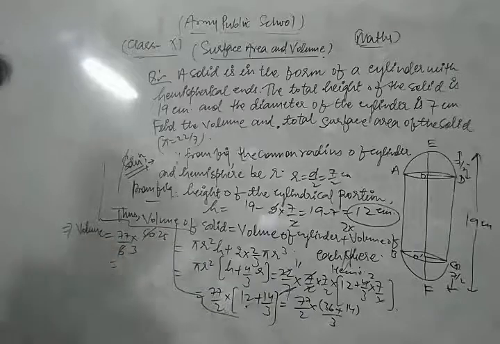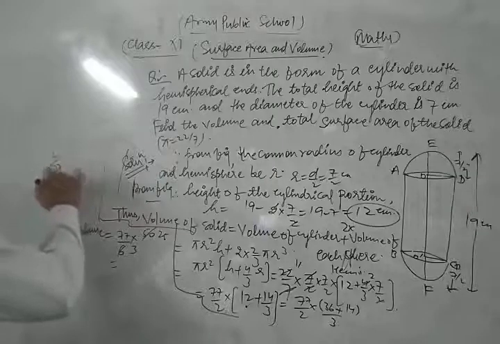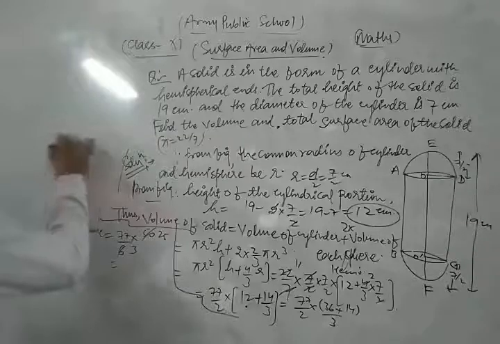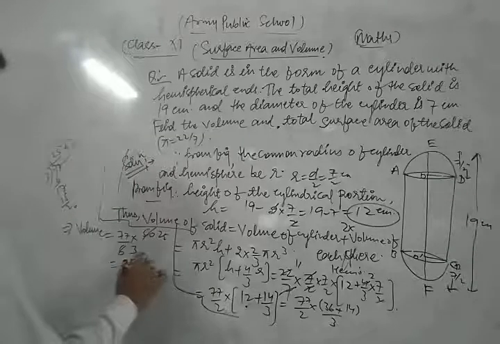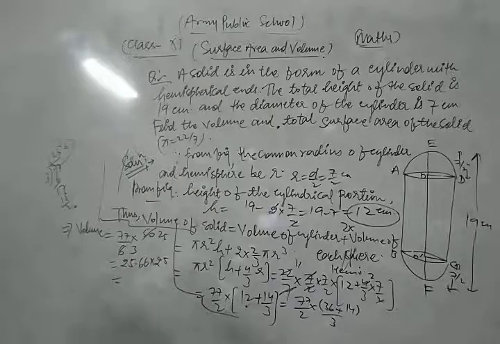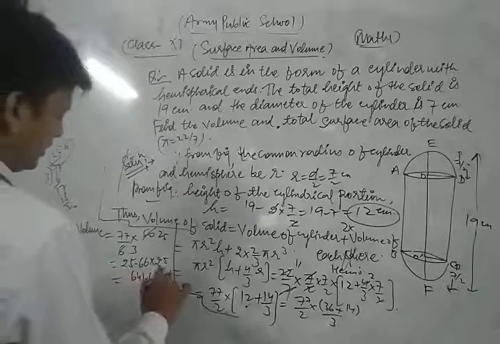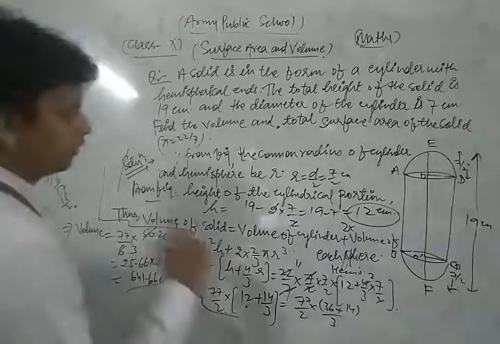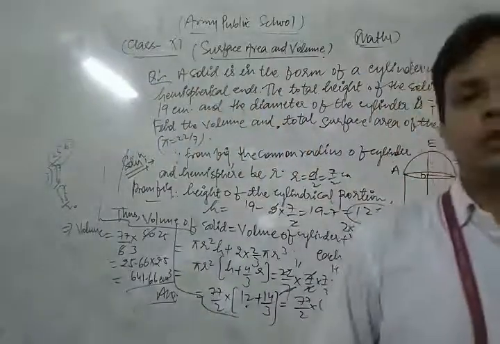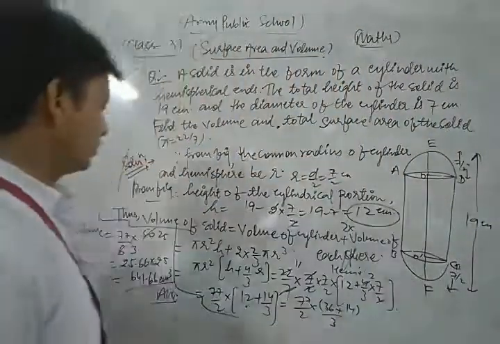So now we divide and then multiply. 77 divided by 3 is 25.66, into 25. After multiplying them, we get 641.66 centimeter cube. This is the value of volume of the solid. Now we solve the second part of this question.